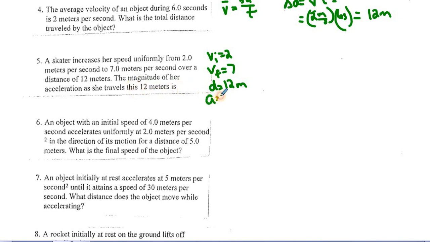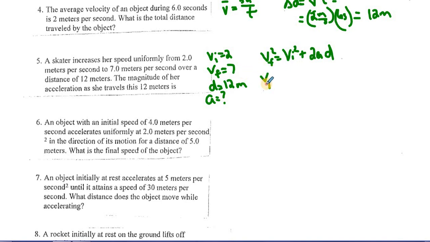So the acceleration is our unknown. What you'll notice is that we do not have time as a given piece of information. So you're going to take a look at the timeless equation, and that is Vf squared equals Vi squared plus 2AD.